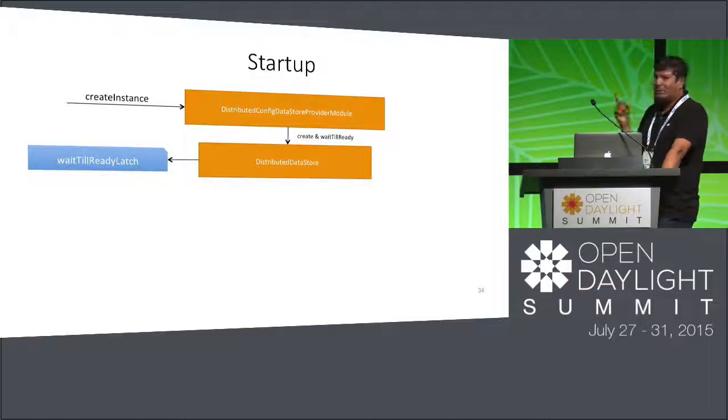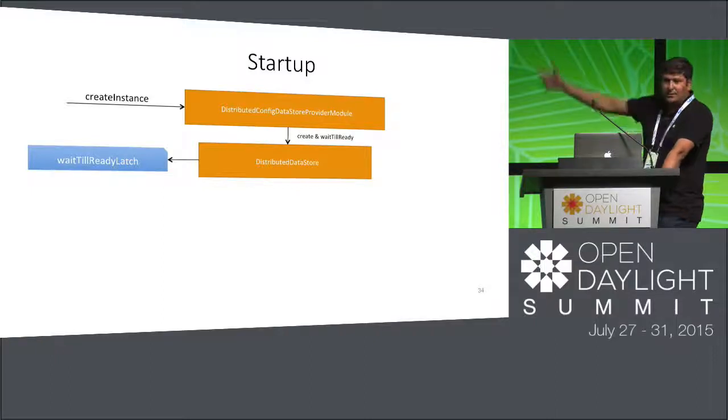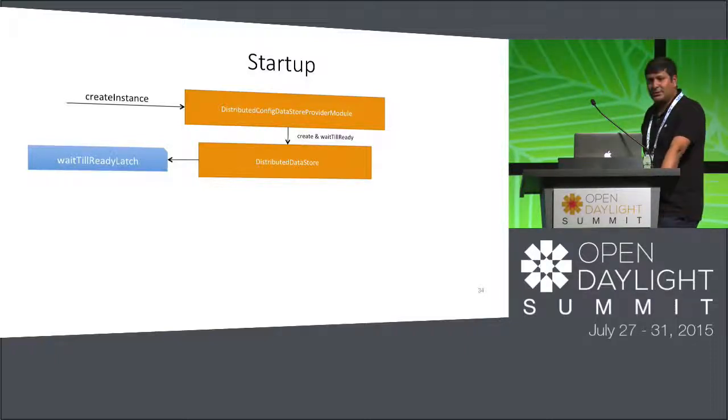But with a distributed data store, you cannot tell, because if I just start one instance of the controller and the other instances are not started, then consensus will not be there as to who is the leader. It will start off as a follower or a candidate, and there's no leader found. If no leader is found, I cannot create a transaction.